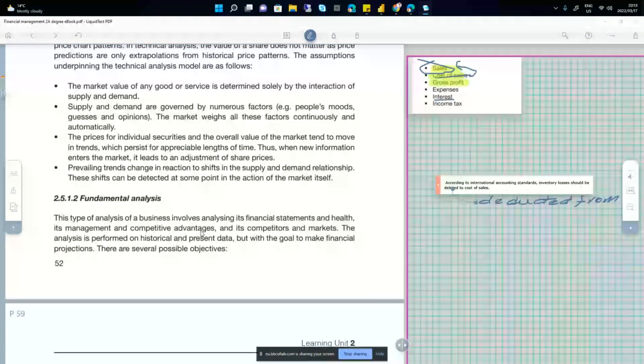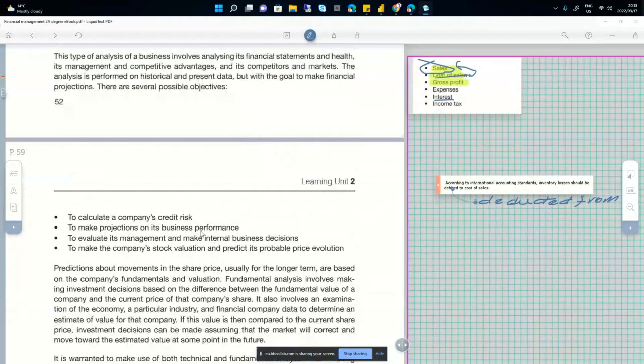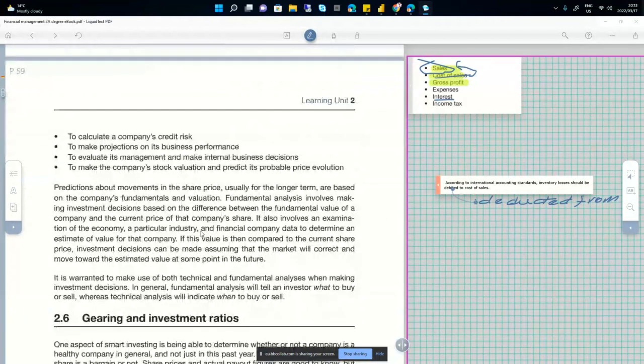But fundamental analysis is different, because we are looking more at things like the risk, making projections on the business performance, valuing the stock and its probable price evolution.